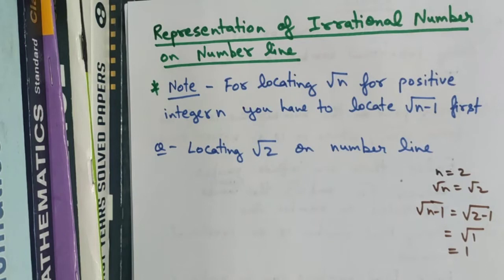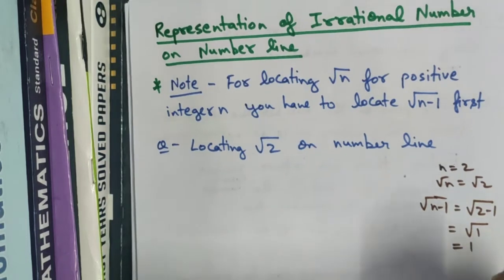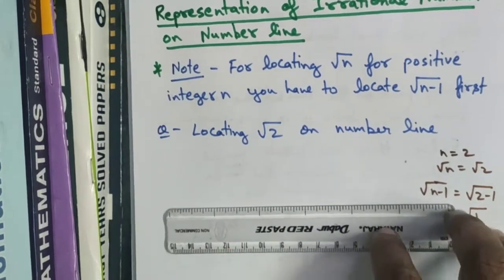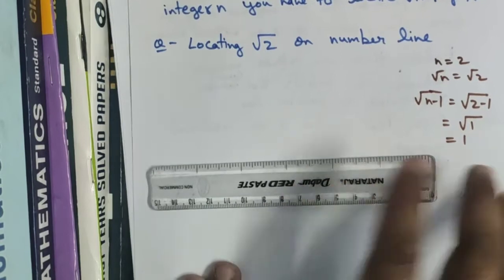Here this 1 is not 1 centimeter or 1 meter or 1 millimeter. It is 1 unit. Whatever unit you want, you can take with the help of a ruler, for example 1 centimeter or 1 inch, but the unit throughout the construction should be the same.